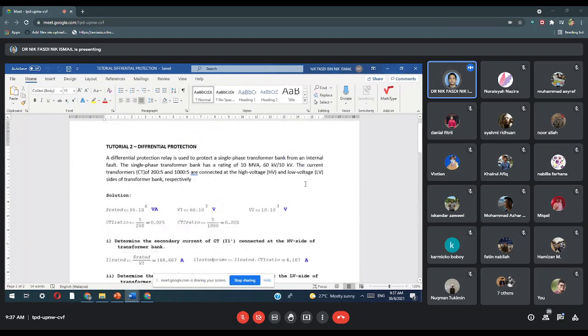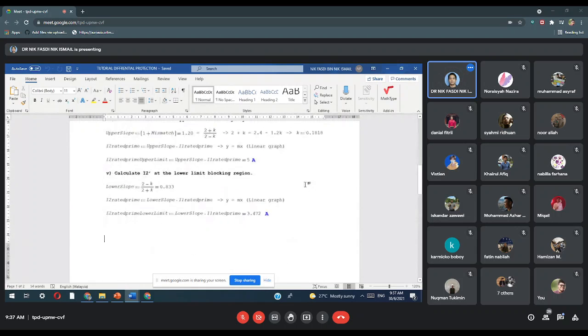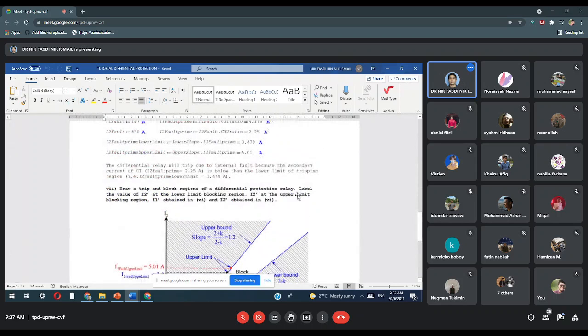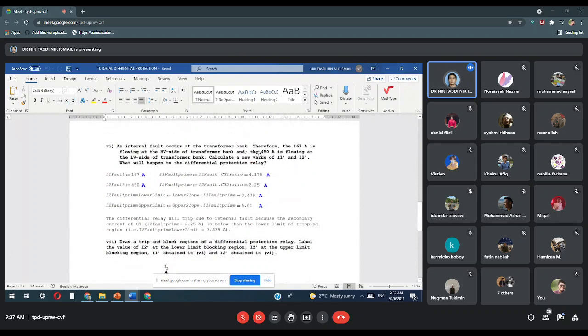Okay, sekarang ni fault occurs. Fault occurs with this value for both sides. This is high voltage and this is lower voltage. High voltage 167 amp.